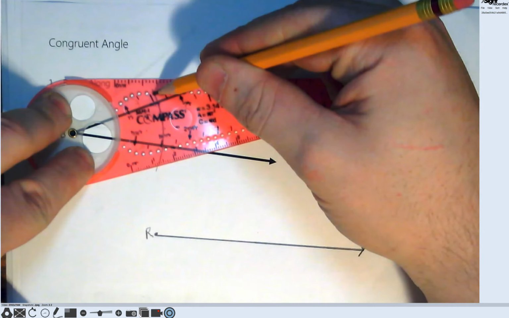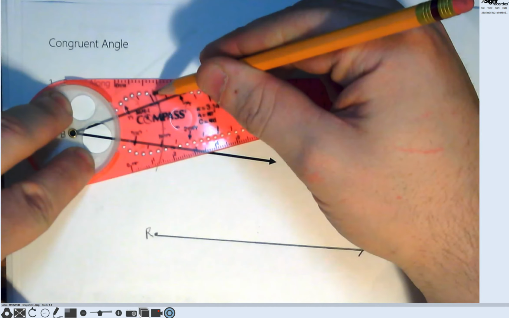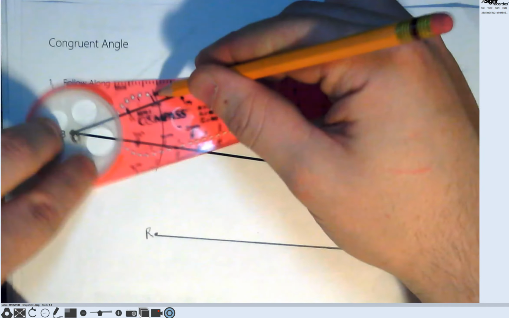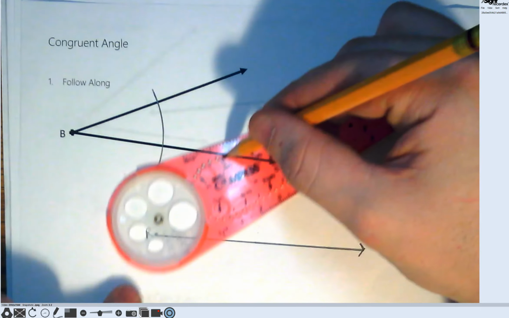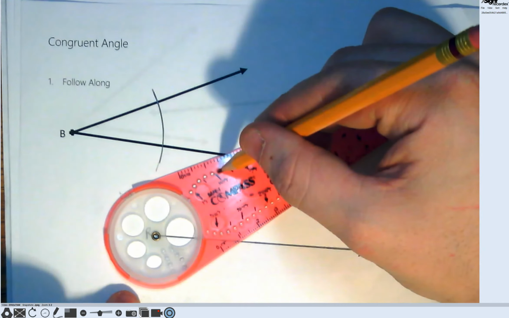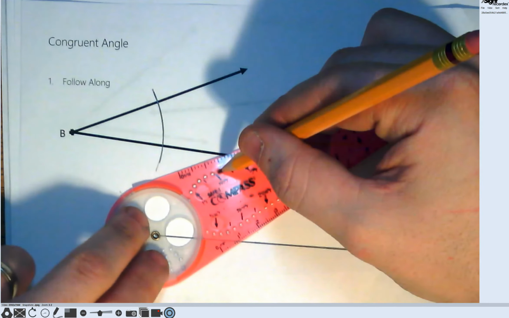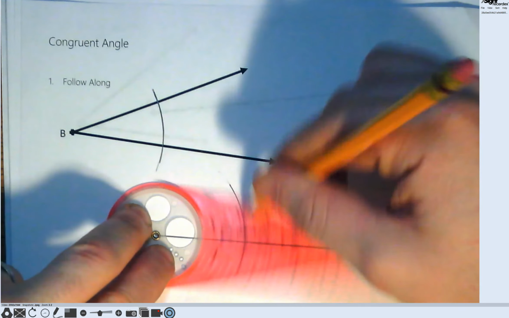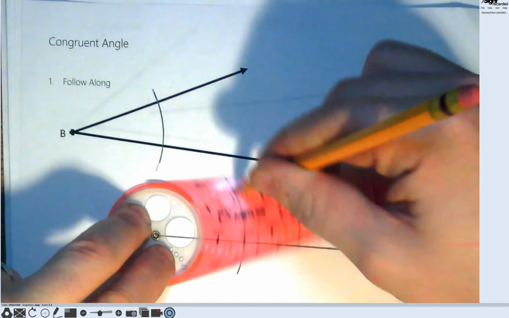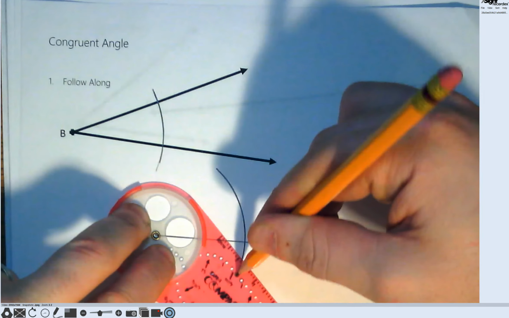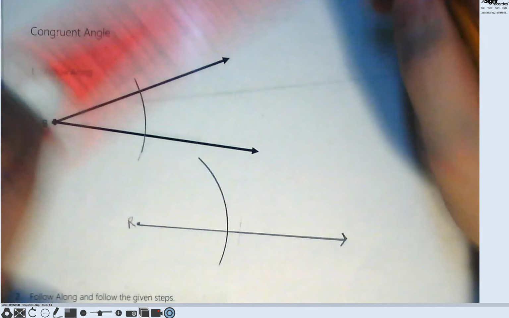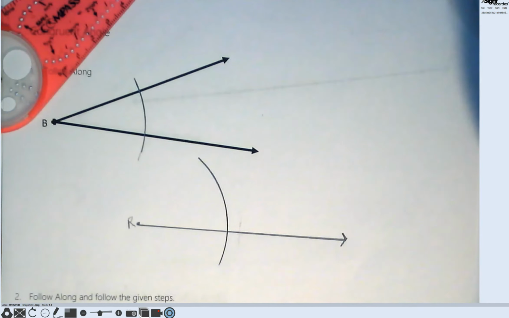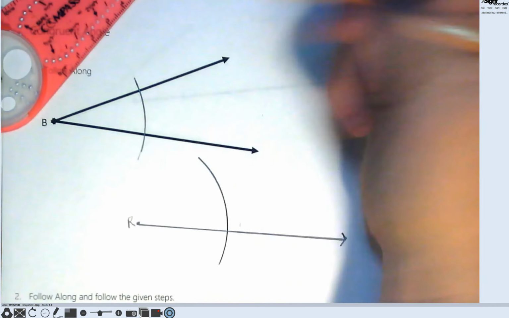Now I'm going to put the compass center down on point R, and using that same hole, so basically the same radius, I'm going to draw an arc that intersects my original line, or my new line that I drew. So now I have that. Let's give these points some names so that we can reference them.